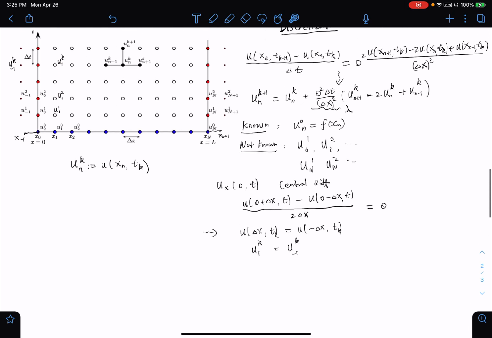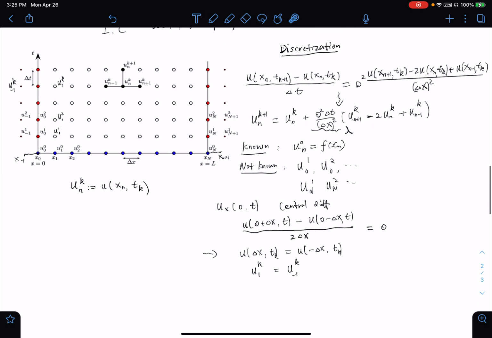So once we have this value, all the other values can be calculated by the recursion formula as before. For example, this value can be calculated by these three values, and this value can be calculated by these three values, and all the way to here, right? This value can be calculated by these three values.